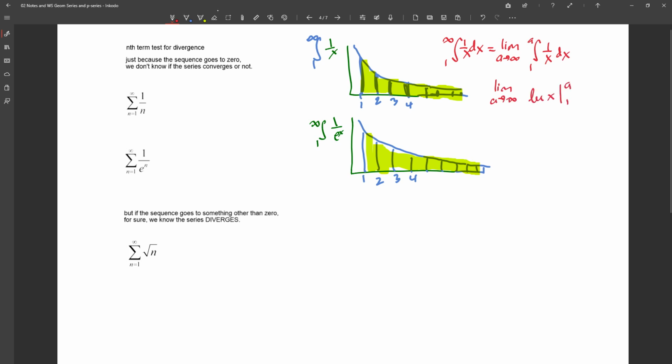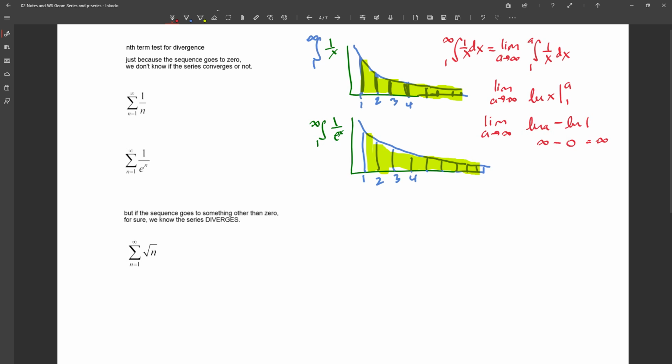And then remember, this is the little brother, okay? You just carry him down, limit as a goes to infinity of, first you plug in the a, then you plug in the 1, then you slap a minus sign in the middle. Now I'm going to plug in the a here. So as a goes to infinity, what I'll get here is infinity minus 0, which is infinity.